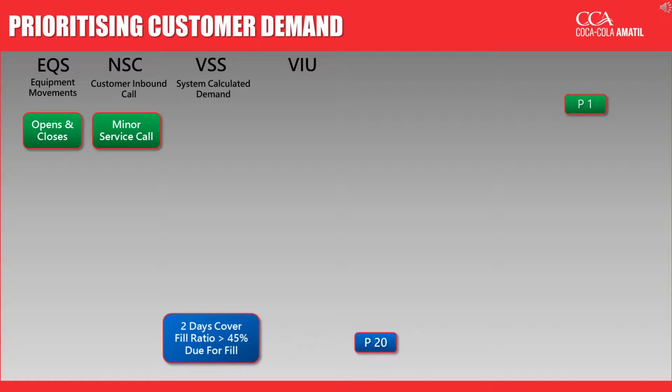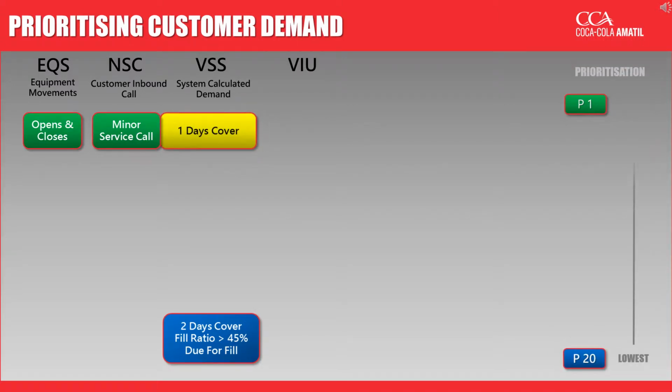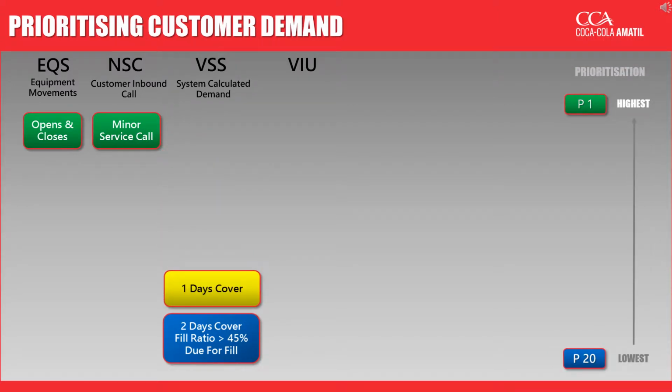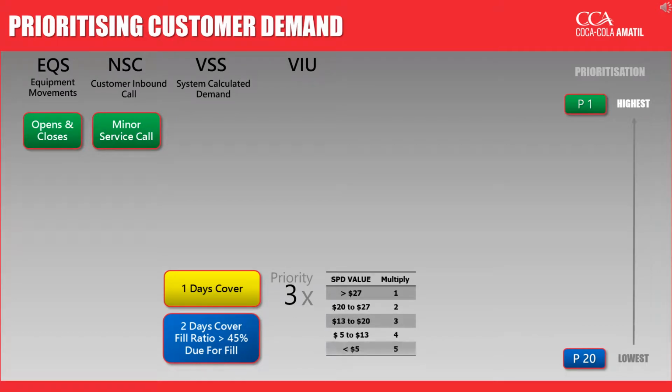VSS then identify any customer that has less than 1 day's cover before an out of stock occurs and classifies this as a priority 3. These outlets are then separated again according to their sales per day. If the outlet total sales is less than $5 per day, then the priority is multiplied by 5, making the outlet priority now 15.